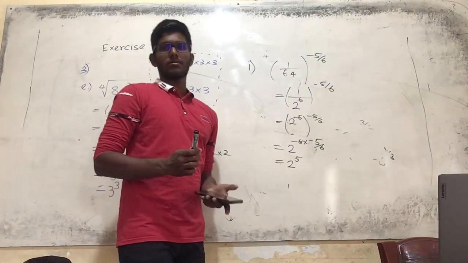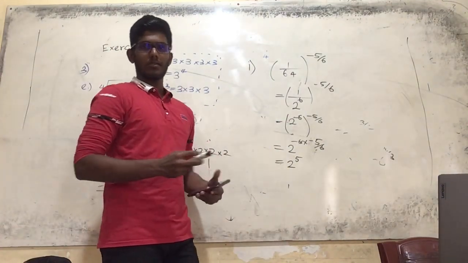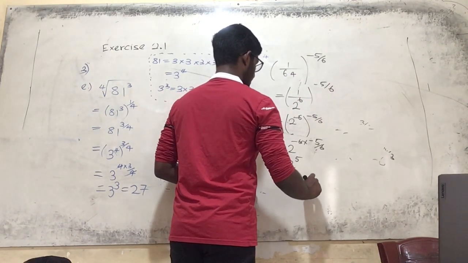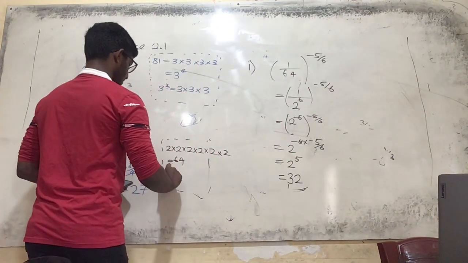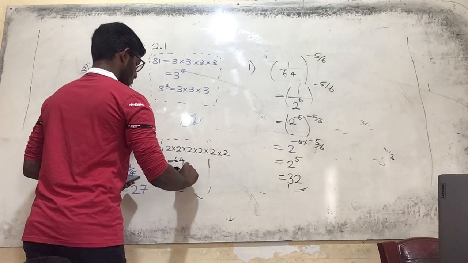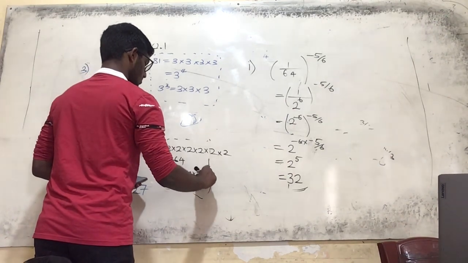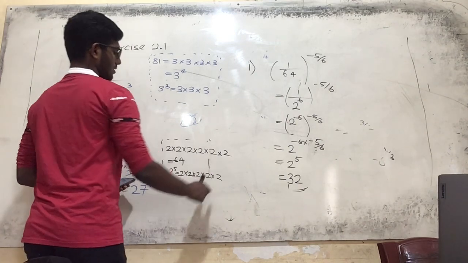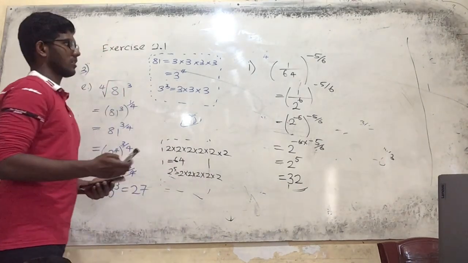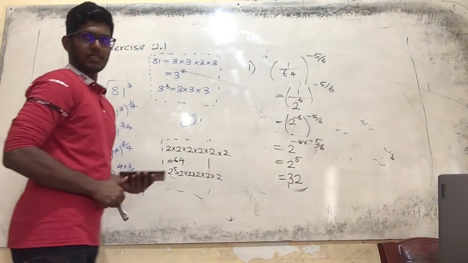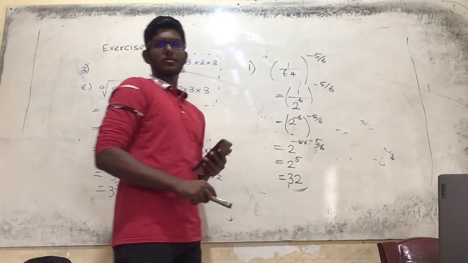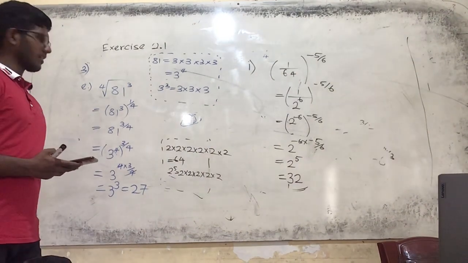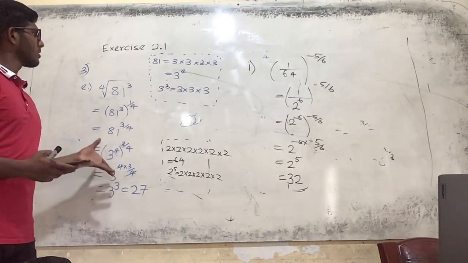Negative into negative is positive. So 2 to the power 5 is 32. Multiply: 2, 2, 2, 2, 2. 2 into 2 is 4, 4 into 2 is 8, 8 into 2 is 16, 16 into 2 is 32. Right? Hope this is clear. Pause the video and write it down.